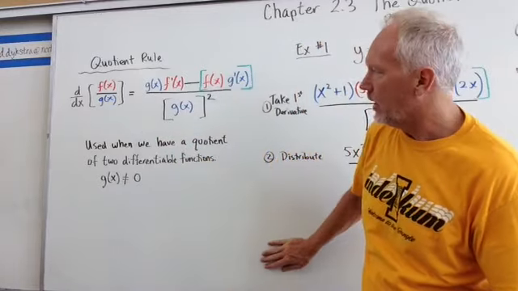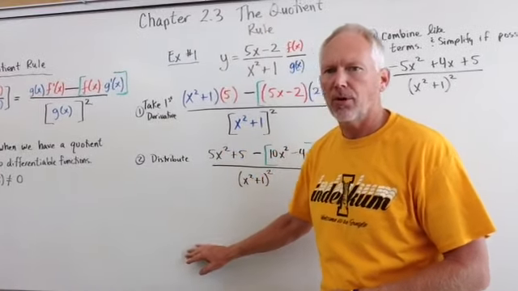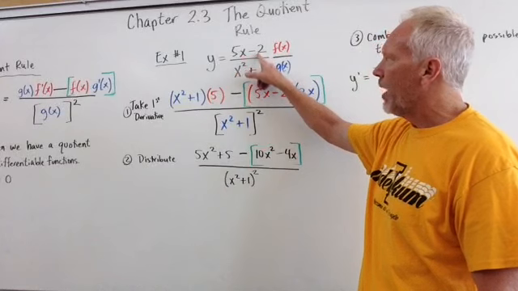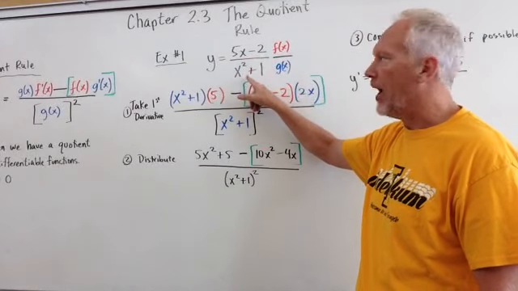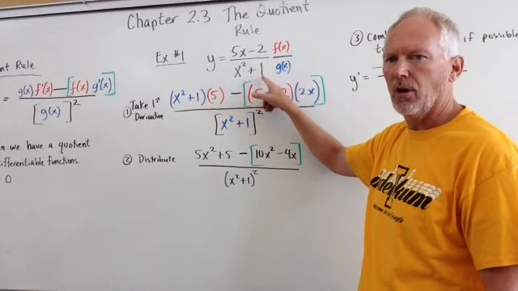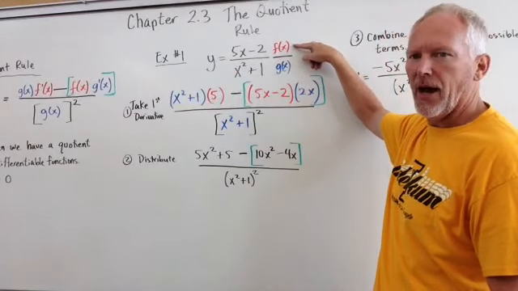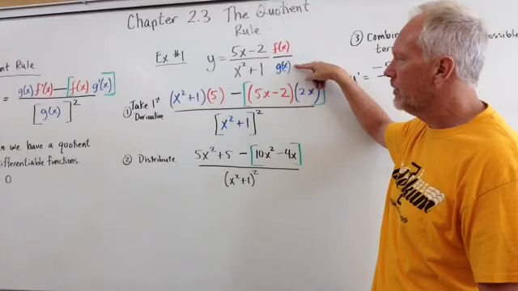All right, so let's take a look at example number 1. It says 5x minus 2 divided by x squared plus 1. That's our y value, so we label it f of x and g of x.